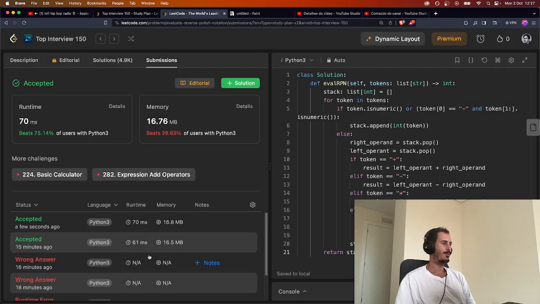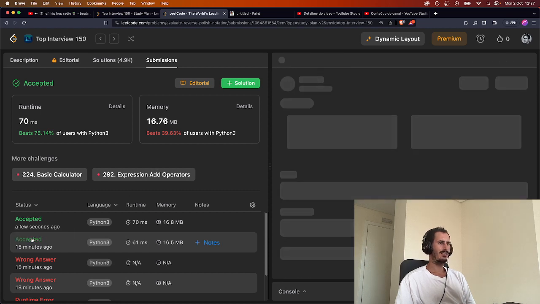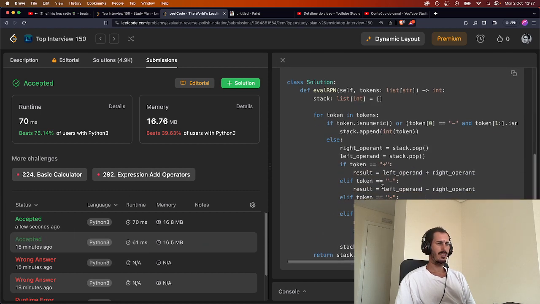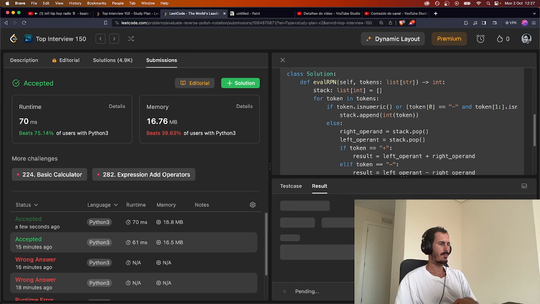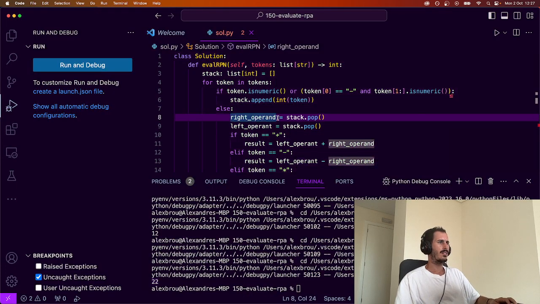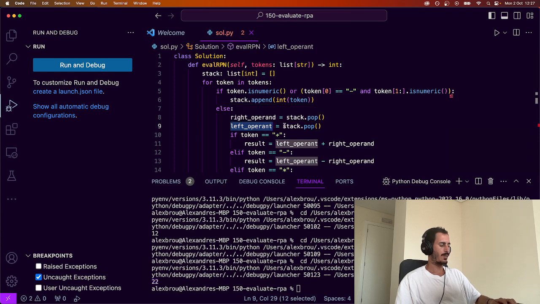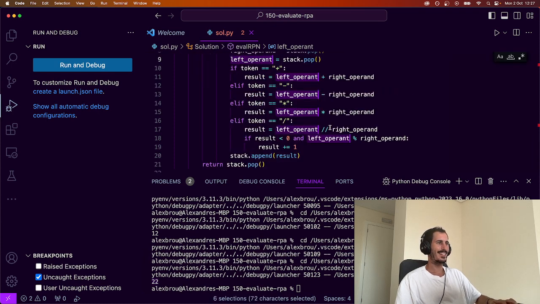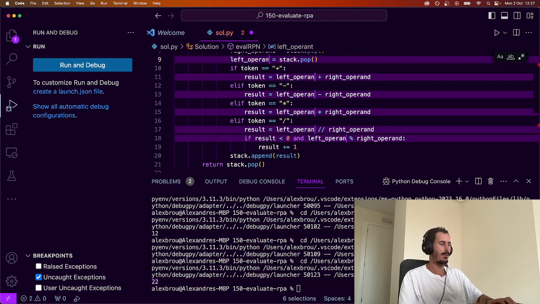It did worse than before, but I think the code was pretty much the same. I can even look at it. Actually, it's the same thing. I wrote left operand. Should have written operand.